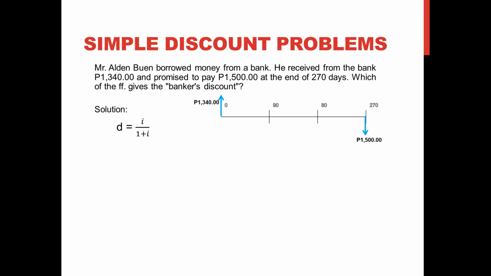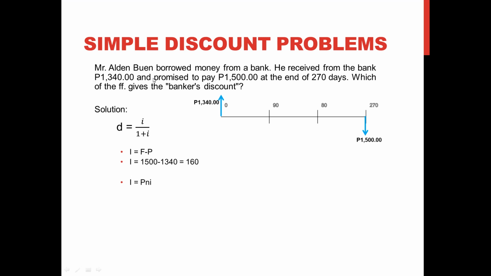So from this, we can use this formula, no? But there's no given yet, either I or even D. So basically, we will use the formula I is equal to F minus B. So here we're going to derive the interest. It is just the difference, no? The future and the present.